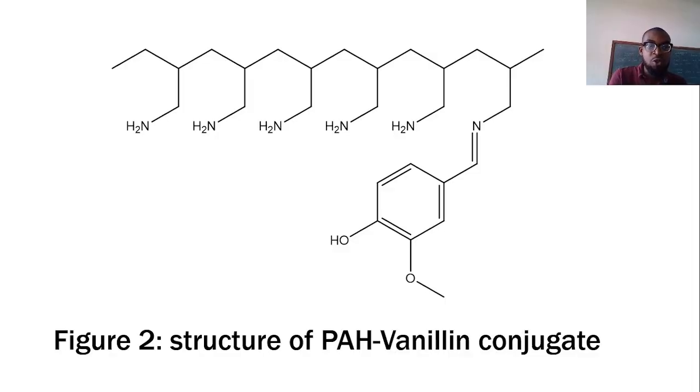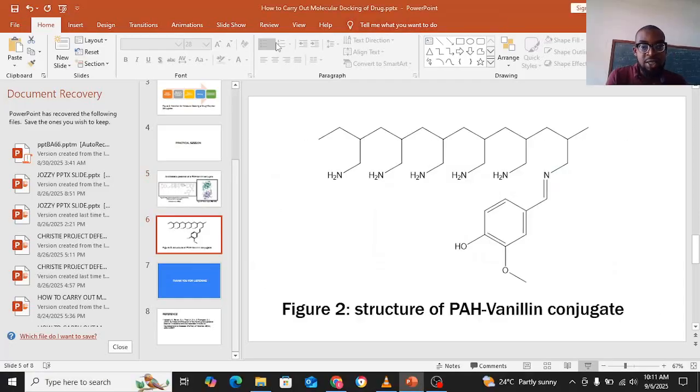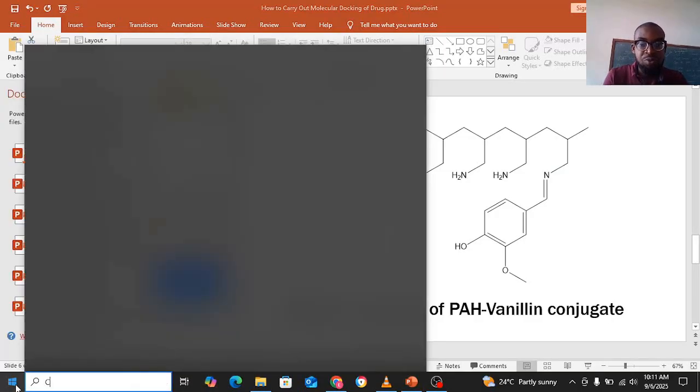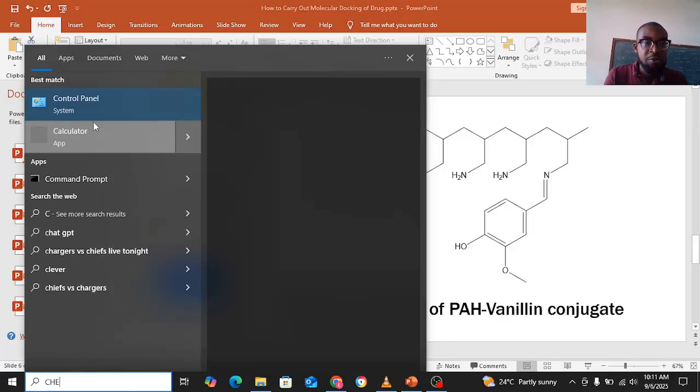So first of all, what we need to do is to model this system, and we'll be doing that using ChemDraw. So open ChemDraw. You should have ChemDraw installed on your system.